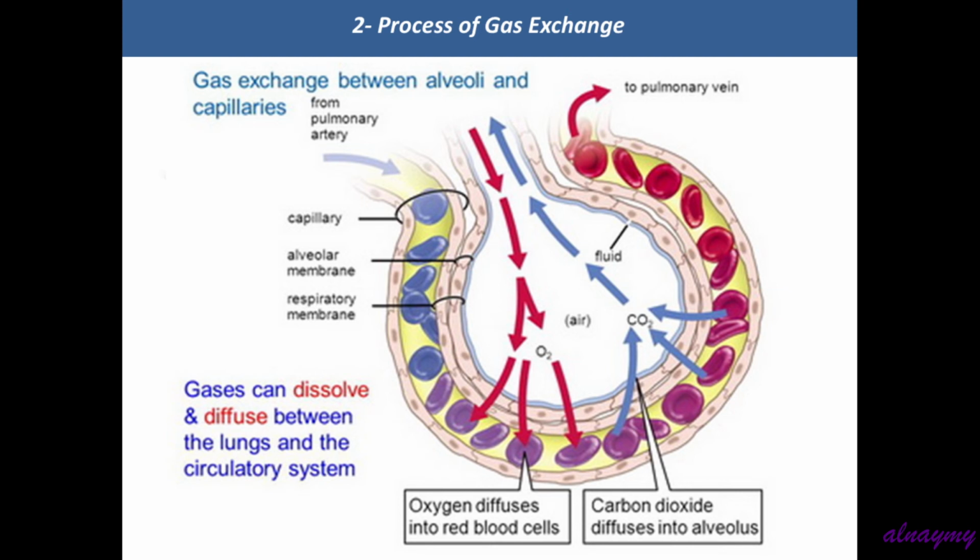They move very randomly, bumping into each other, and these particles, especially the oxygen particles, will also be bouncing against the wall of the air sac. Through this bouncing, some or most of them will manage to travel from this side of the air sacs through the wall, because it's very thin, to the other side into the blood. So this is the answer from the particle theory point of view.